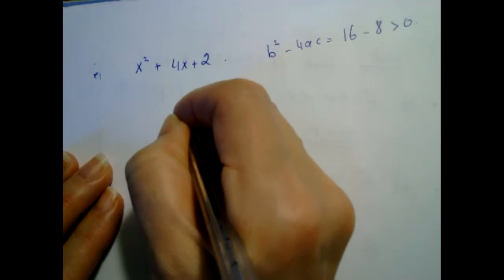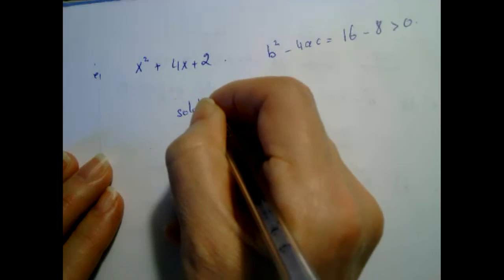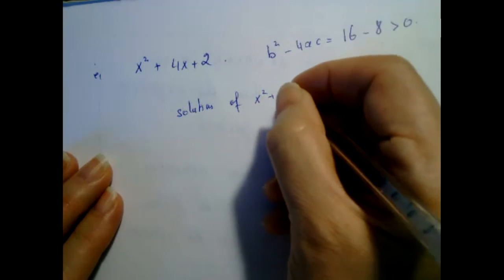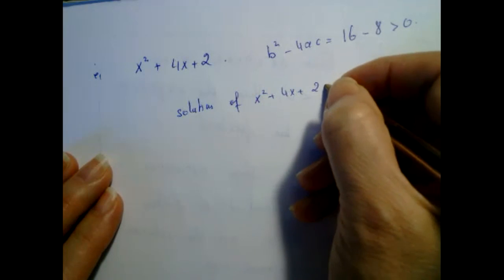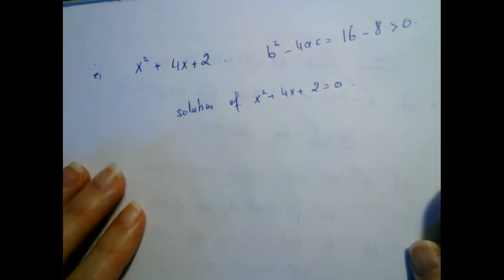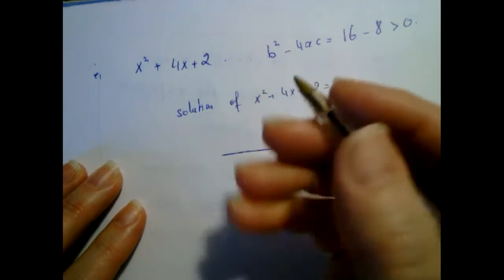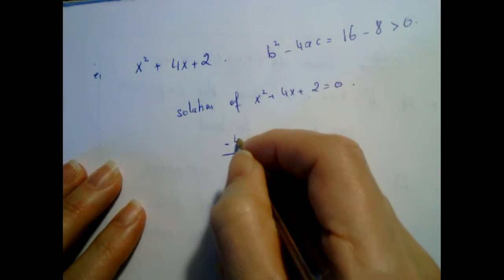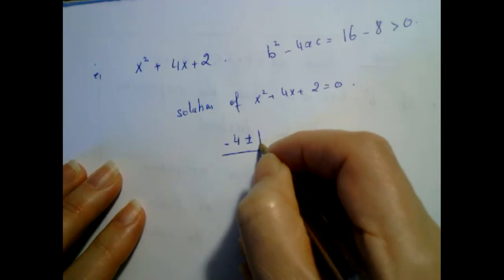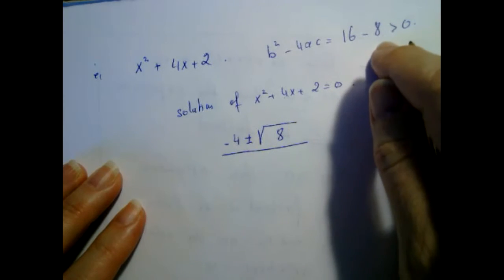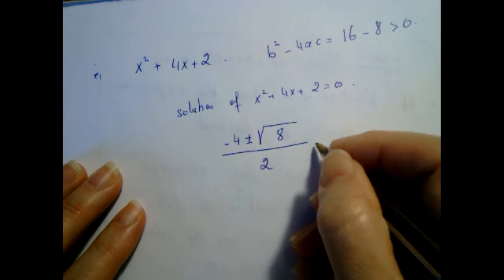So what are the solutions? We're going to find the solutions of the equation x squared plus 4x plus 2 equal to 0. And we use the quadratic formula because we don't know what the solutions are. That gives me minus b plus or minus the square root of 8, because that's the discriminant here, divided by 2.